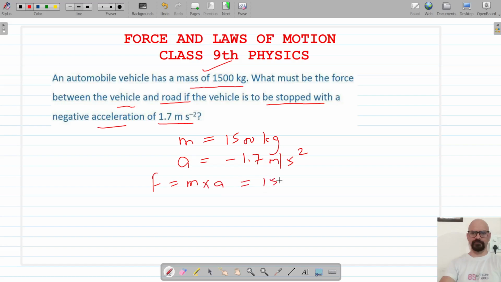So that should be 1500 into minus 1.7 Newton, and 1500 into negative 1.7 should give us negative 2550 Newton. And the negative sign shows here that this is the force of friction between the tires and the road.